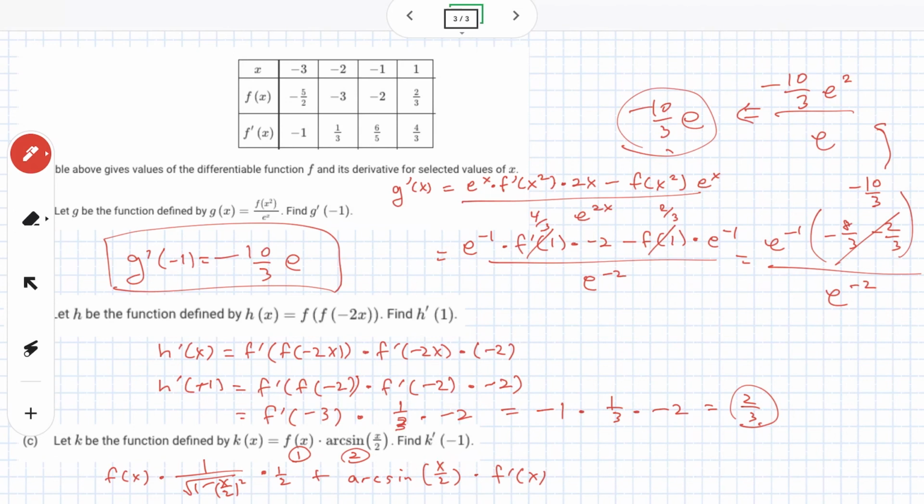So f of negative 1 times 1 over the square root of 1 minus 1/4 times 1/2 plus arc sine of negative 1/2 times f prime of negative 1.